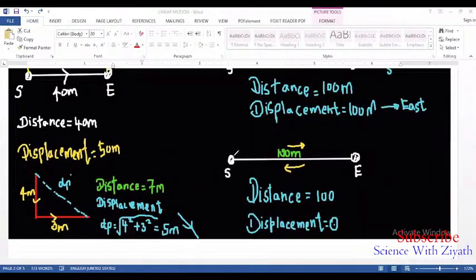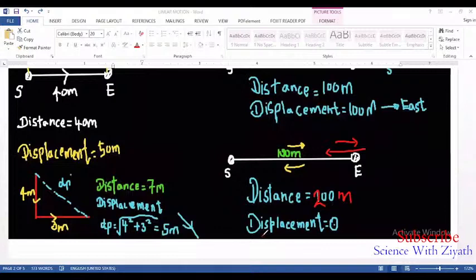So if an object is moving right 100 meters and coming back 100 meters, then how much is the distance? 200 meters, right? The distance is 200 meters because it moves to one side and comes back.